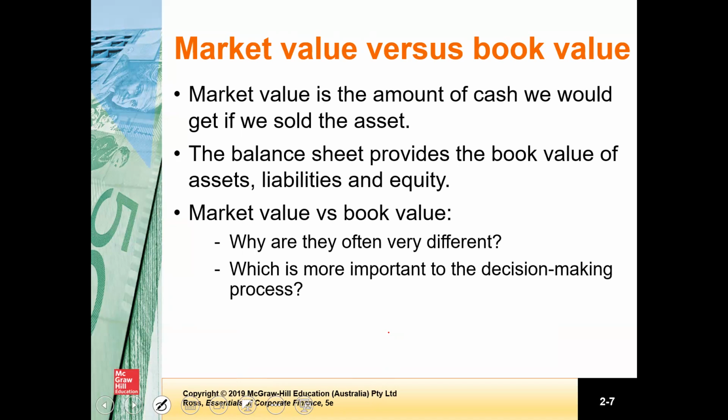Under the Australian Accounting Standards, AAS, audited financial statements in Australia generally show assets at historical cost, or at their book values. In other words, assets are carried on the books at what the firm paid for them, no matter how long ago they were purchased or how much they are worth today.